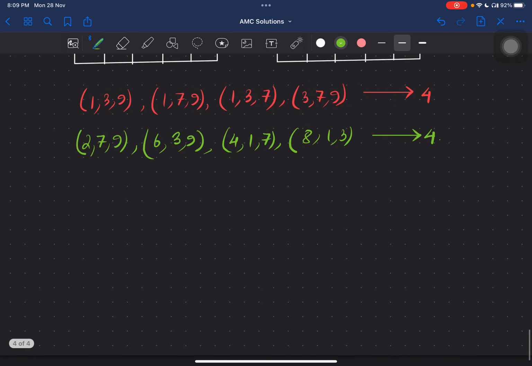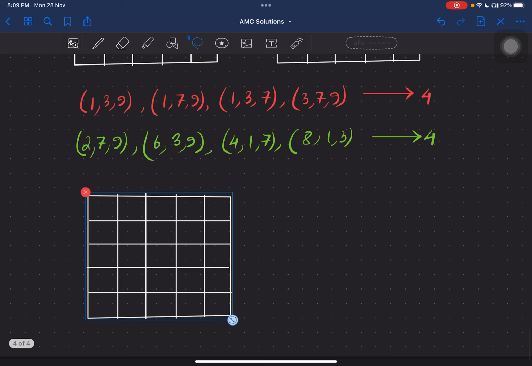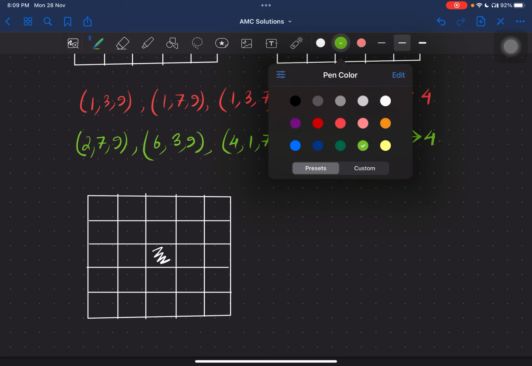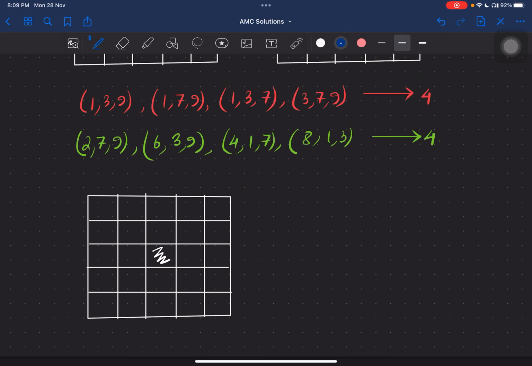Now let me draw the other ones. Same thing, this one is blank, we want it filled. Let me see if we have any other color. Okay, let us use this one. We can have this one, and this one. Same idea. This one has three neighbors, but each of them has only one neighbor. This one is blank, so this is alone.